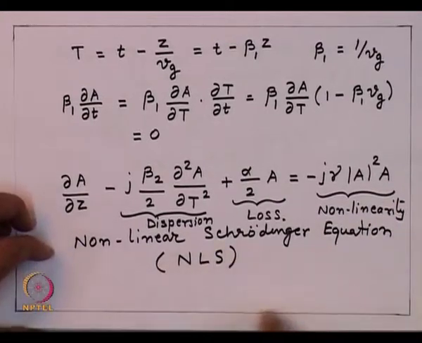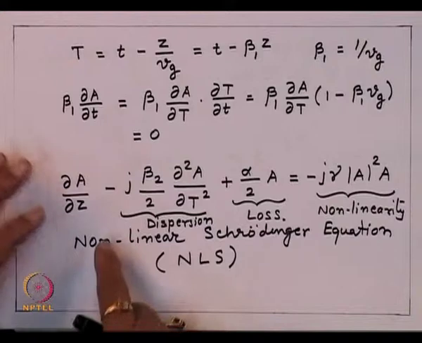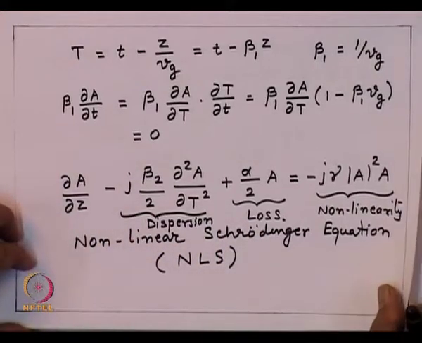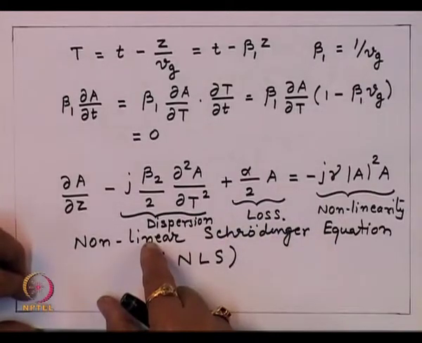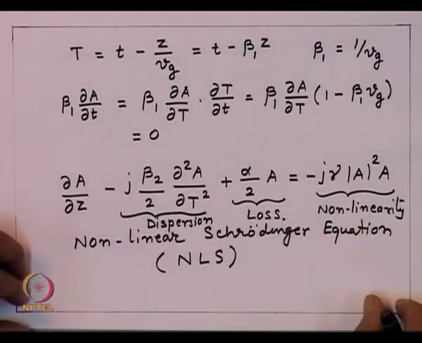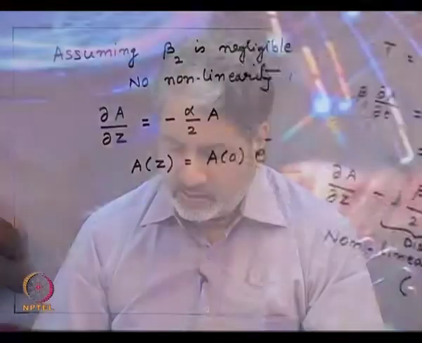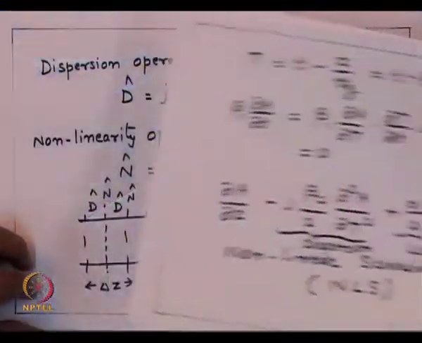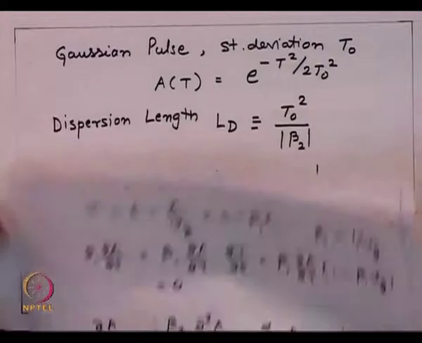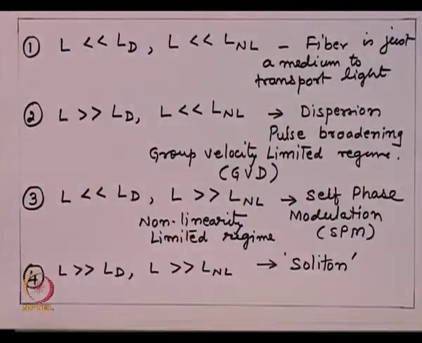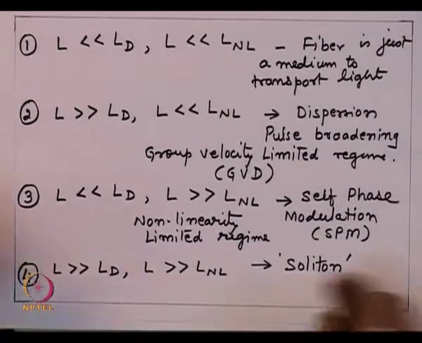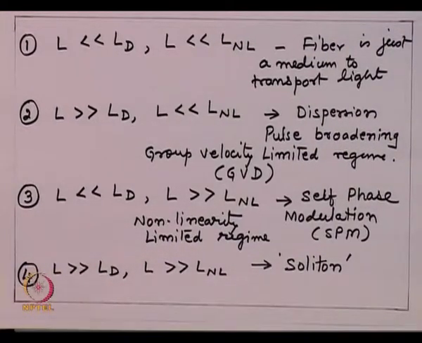We then saw that we can consider different cases depending upon the pulse width and how high the power is in the pulse. Different effects may dominate in different situations, and therefore we define two lengths on the optical fiber: the dispersion length and the nonlinearity length.